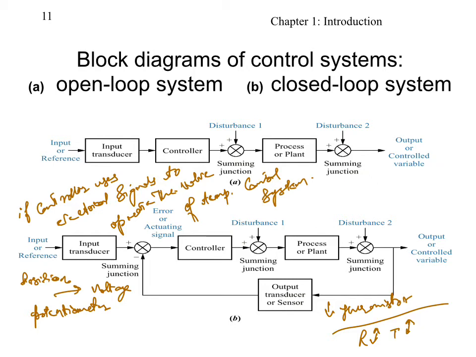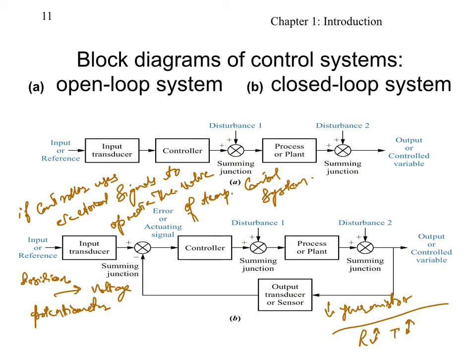Now from this you can see the closed loop system compensates for disturbances by measuring the output response and feeding that measurement through the feedback path, comparing it with the input, that is a reference, and if there is any difference between these two responses, then it drives the plant through the actuating signal to make the correction.